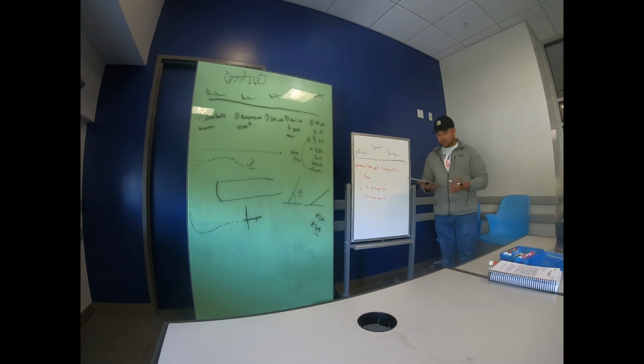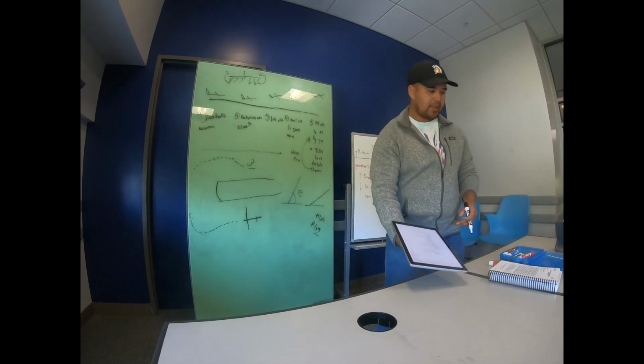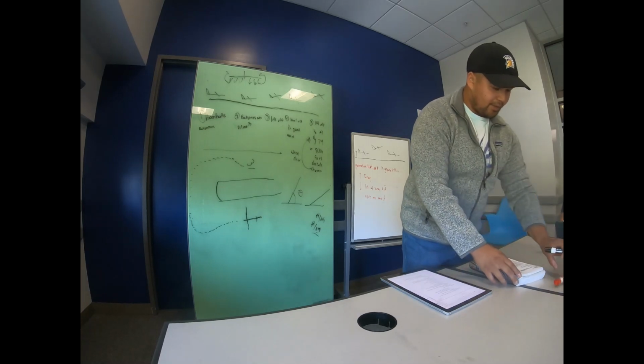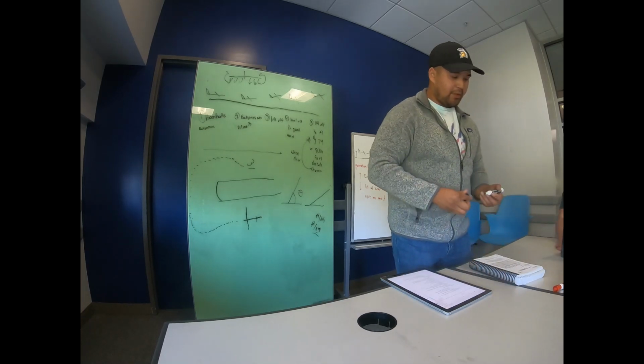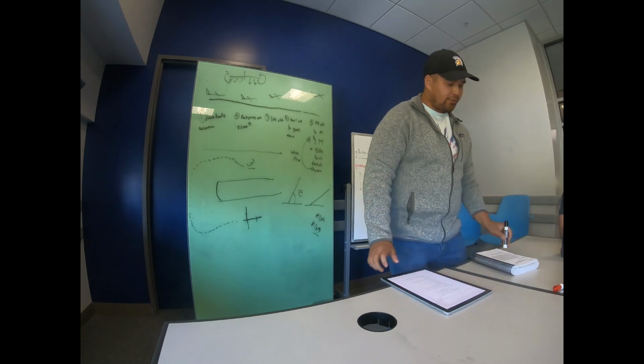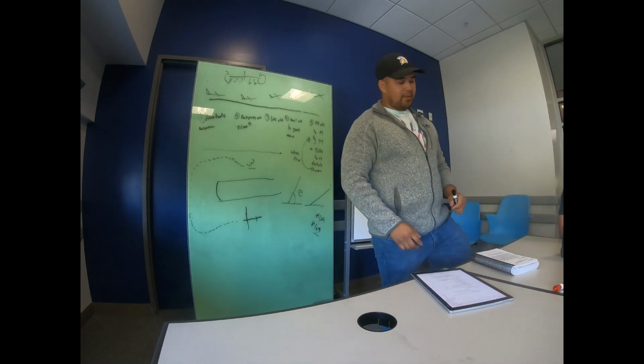So, performance. Our soft field takeoff, yes, it starts on the ground, but it also starts back during your flight planning. In section 5 of your POH or your AFM, you're going to use the short field takeoff distance chart.